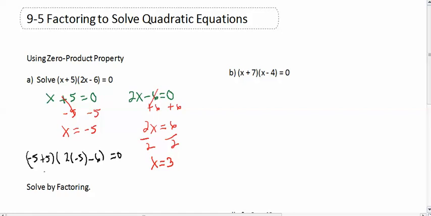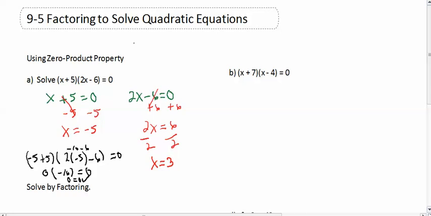Negative 5 and 5 is 0. And then I have times, this is negative 10. Negative 10 and 6 is negative 16. But I already know it equals 0 because anything times 0 is 0. So we checked our answer there. And again, you don't have to do this each time. I'm just kind of showing you that that's what we're doing. We're solving for that to come up with the 0.